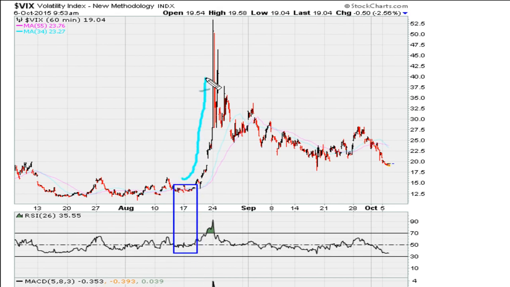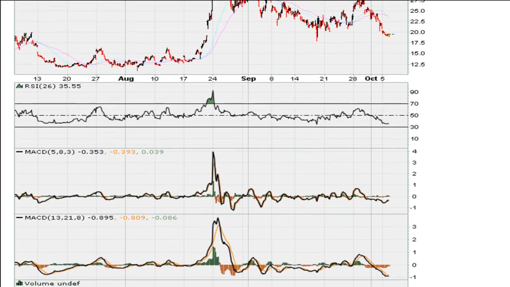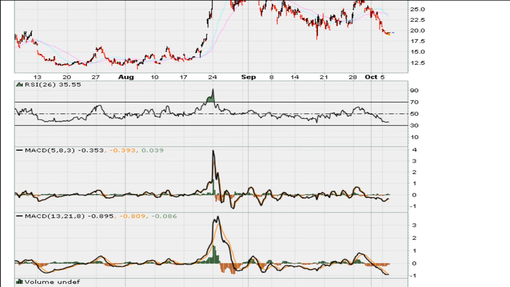We went on a very sharp move here on the VIX, and that corresponds nicely with the fact that at that particular point both MACDs held here above the zero line and here above the zero line. Subsequently you can see that they continued pushing above zero, and that's when you get that spike in price.